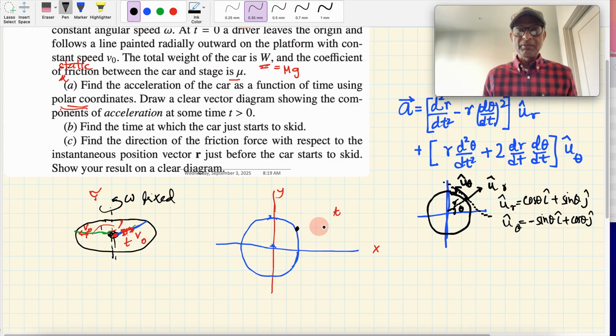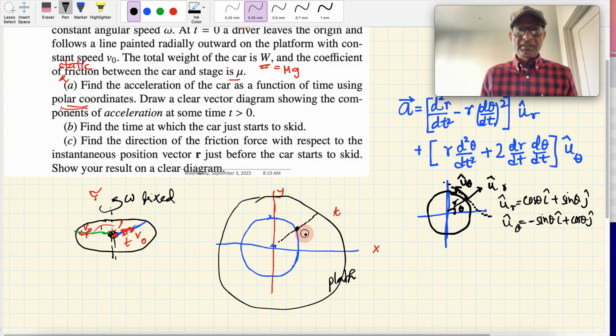I drew a circle here, but of course the platform goes all the way out here. This is the platform, and this is the radial direction. So at this time the car is over here, and this is the radial r, and this is theta. There are two directions, a direction radially outward, which I have denoted by u hat r, but sometimes you just denote it r hat.